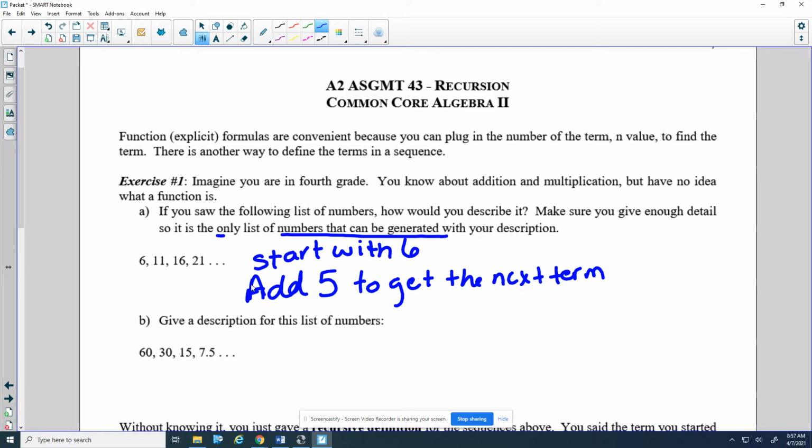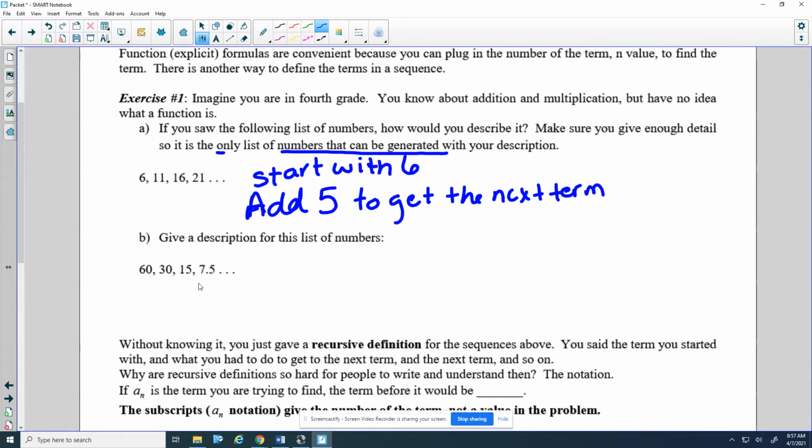Looking at the next one, we're going to do the same thing. So I would pause the video and quickly write down what 2 pieces of information, similar to this, you would need to know to completely define this list of numbers in that way. Great. Looking at this list, we have to say what we start with. So start with 60.